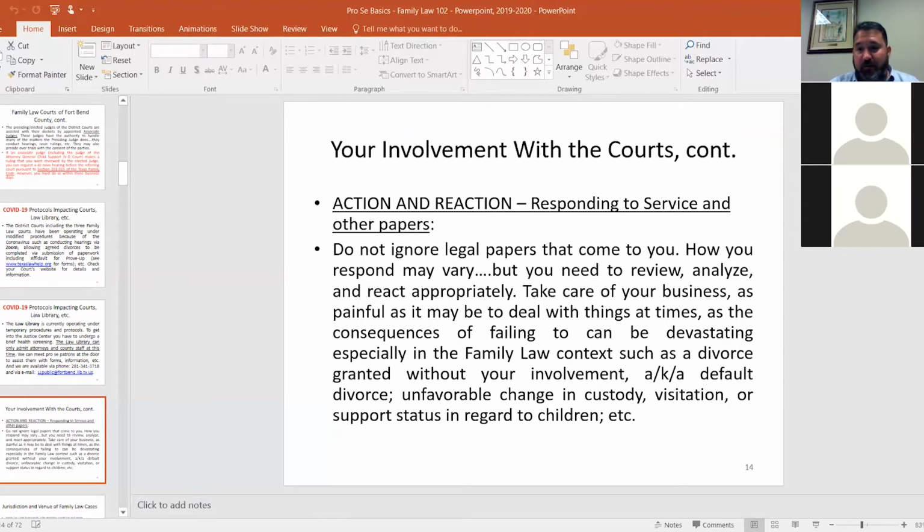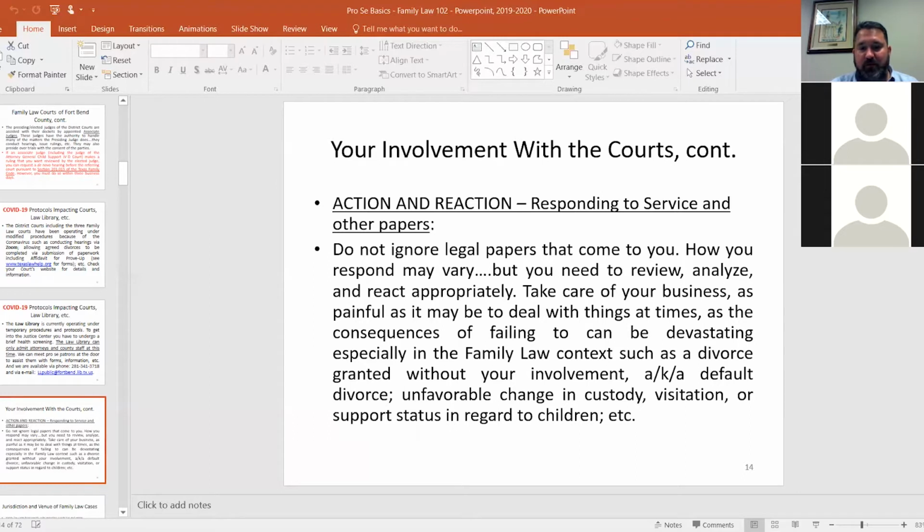As I talk about invariably in any course I teach, and it's a good axiom to follow no matter what, you've got to be proactive and reactive. If you're involved in a case and papers are coming in, you've got to respond in some way. You've got to look at those papers and determine how to appropriately respond, because if you ignore things, that's when bad things tend to happen. So you've got to stay on top of it. I know it's unpleasant.